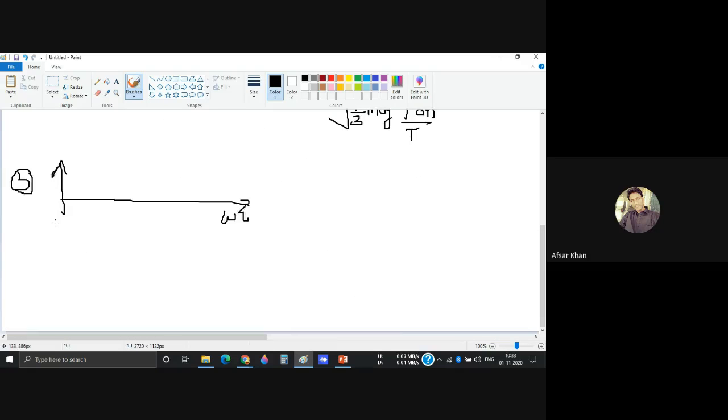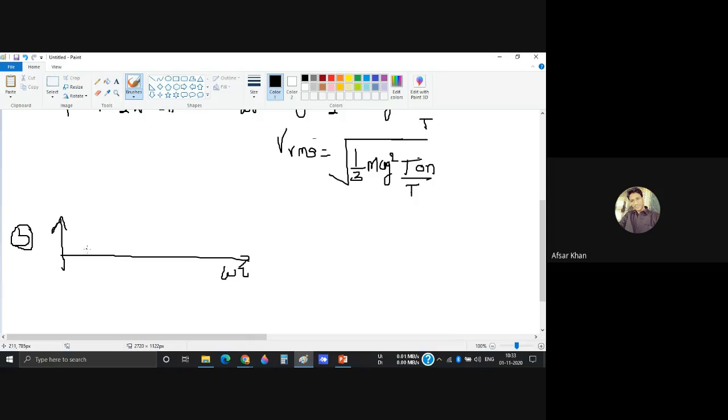So it is starting from alpha to pi, then there is pi plus alpha to 2 pi. So for such a waveform, you can see here we have two squares.